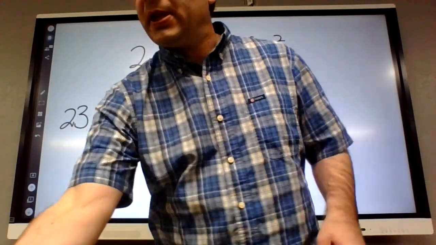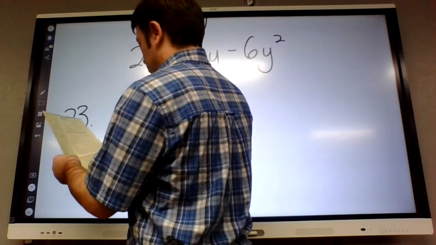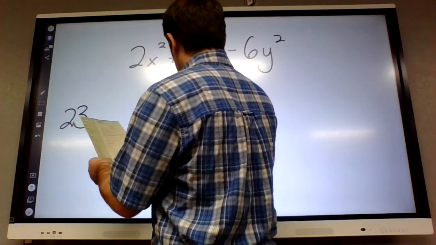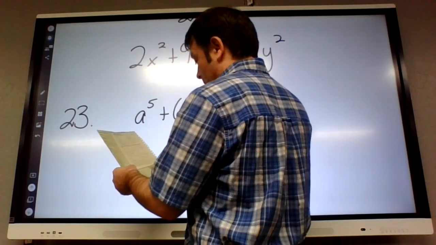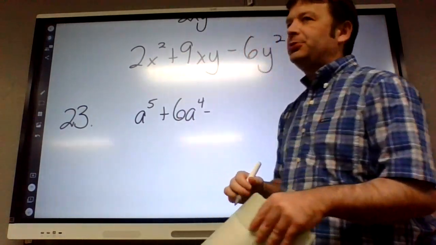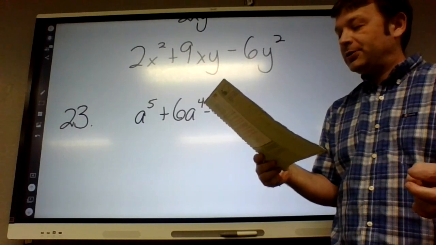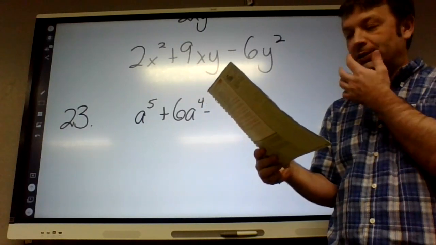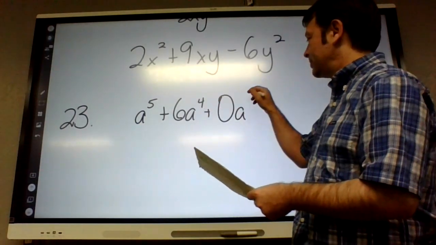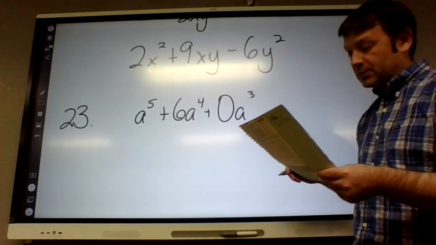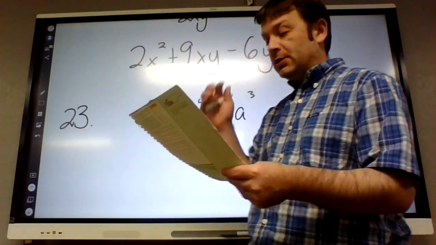So on 23, you actually cannot do synthetic division. 23 is missing a term. You guys know what it's missing? It's missing an a cubed term. So you have to put something in there as a placeholder. So 0. And this happens on 22 as well. 22 is missing the x squared term. So you have to put a 0 in there.